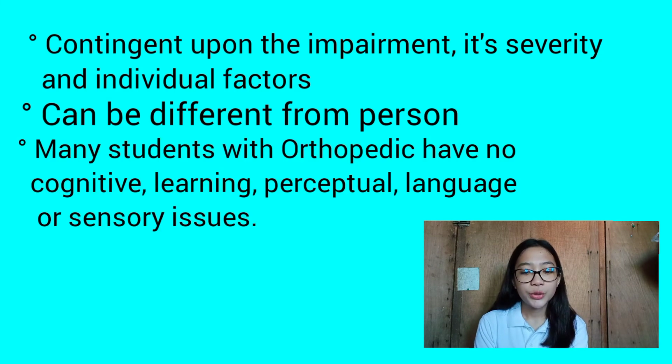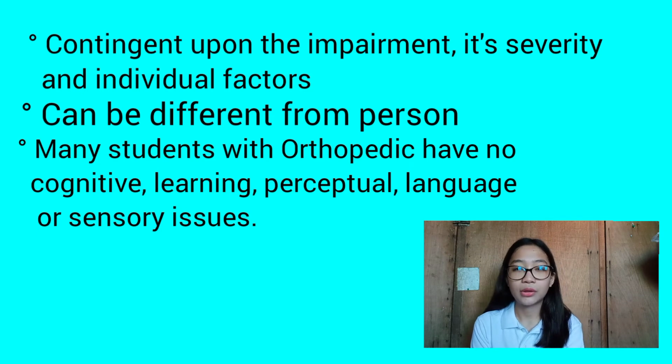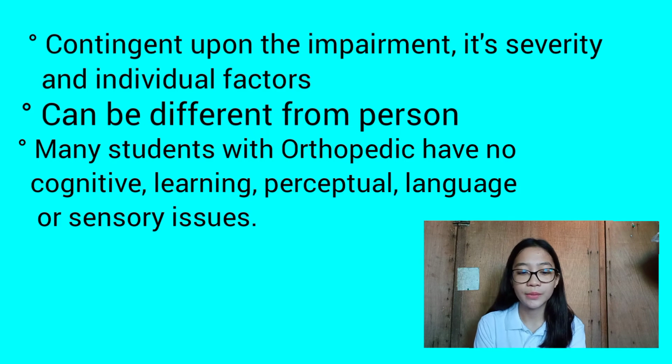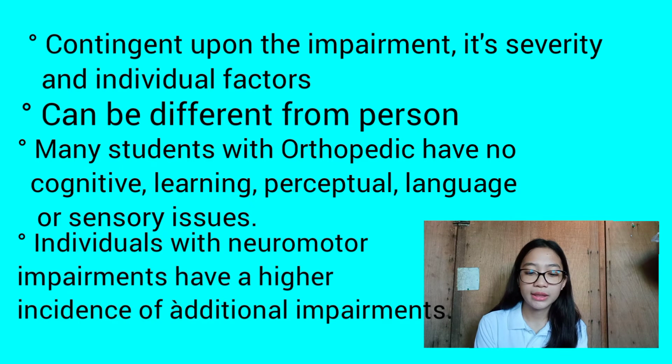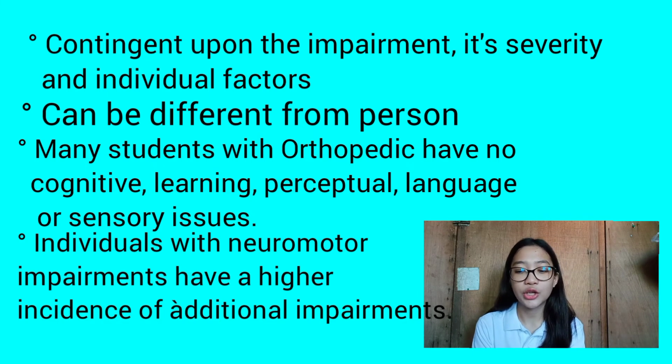Also, many students with orthopedic impairments have cognitive, learning, perceptual, language, or sensory issues. These individuals with neuromotor impairments have a higher incidence of additional impairments. Another is some children may have significant limitations to their activity levels that require intensive medical and or educational assistance.